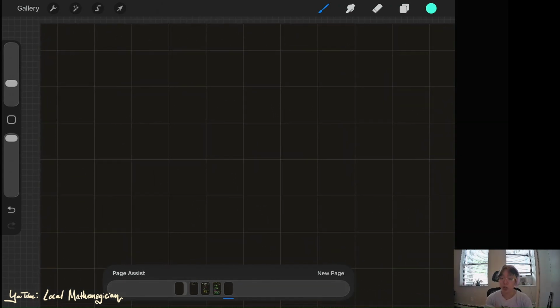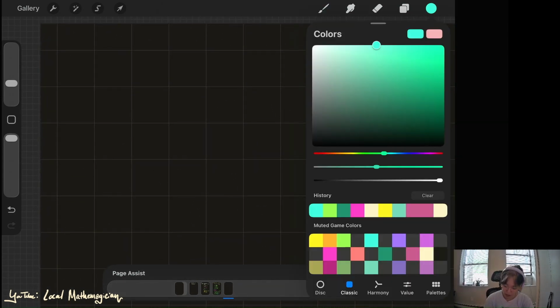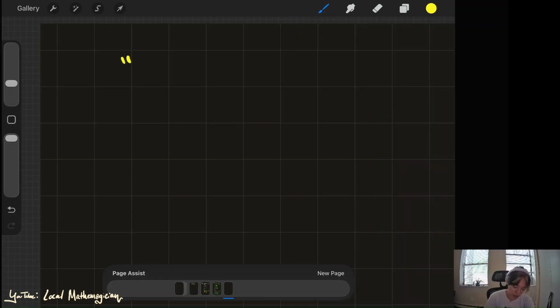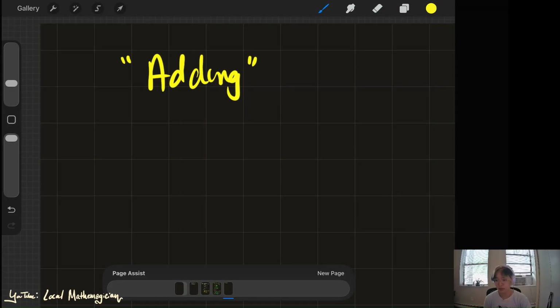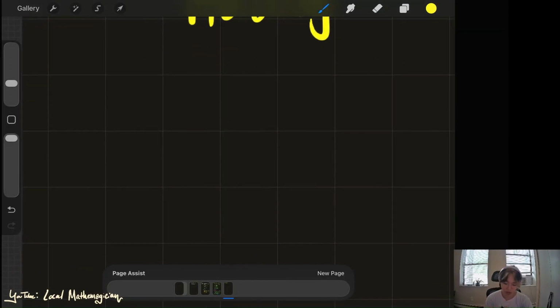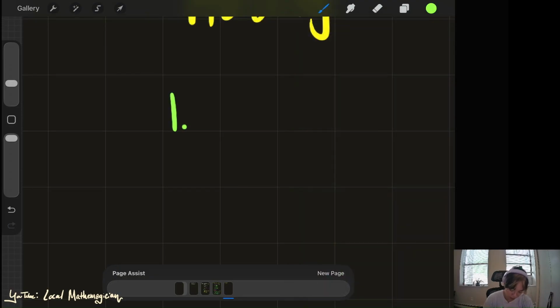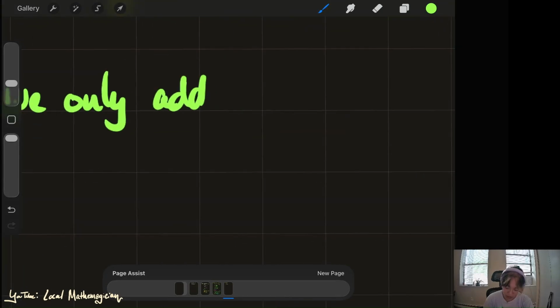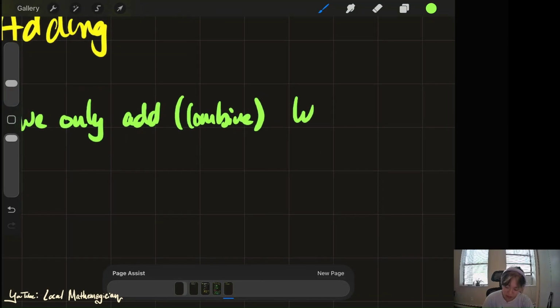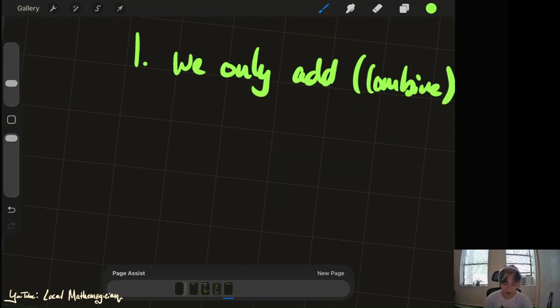Next, we're going to cover what you can do with a polynomial, okay? So the first thing we can do is adding, okay? You can add them. Some key things to recognize. 1, we only add, like combine, like terms, okay?